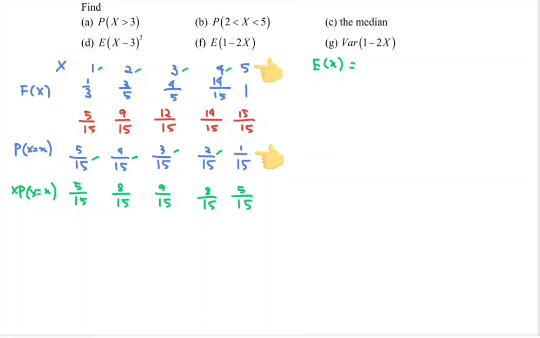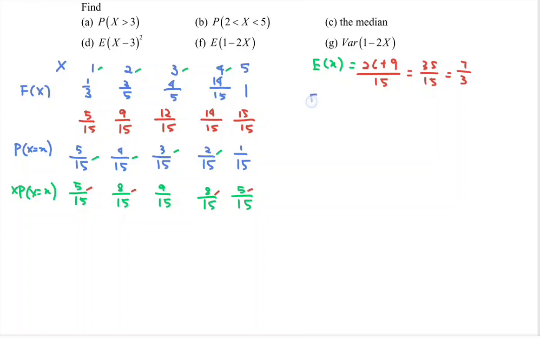From here, we have to sum up. 5 plus 5, we have 10, then 16, so we have 26 plus 9 over 15. Then we have 35 over 15. If we simplify, then we have 7 over 3.